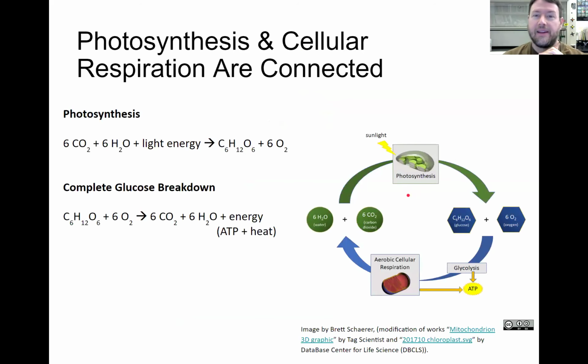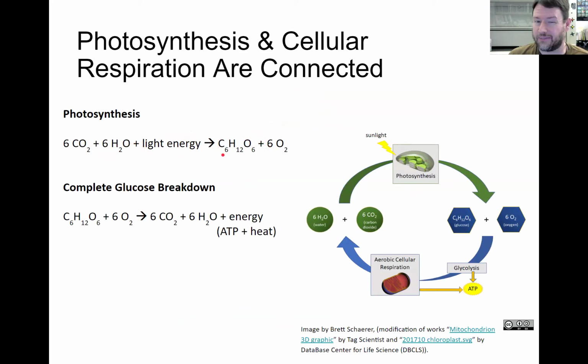Okay. So, I think I've already shown this diagram and these chemical reactions in lab, but just to remember that photosynthesis and cellular respiration are intimately connected. Photosynthesis, the summary reaction is we take carbon dioxide and water and add some light energy. And with that, we can build sugar.